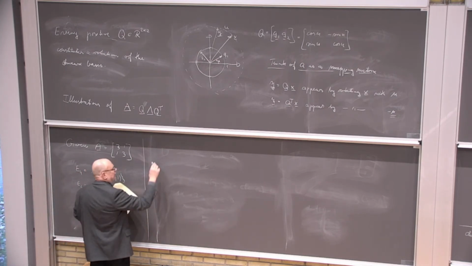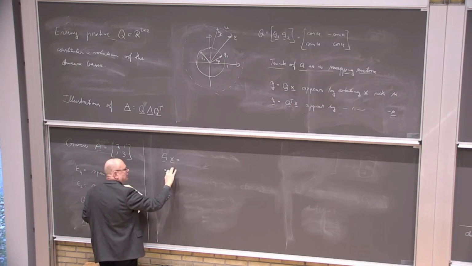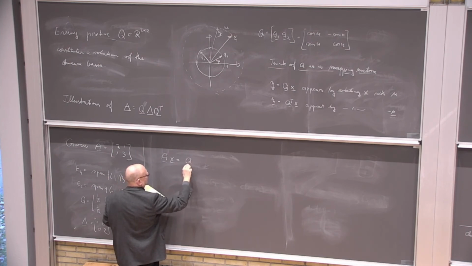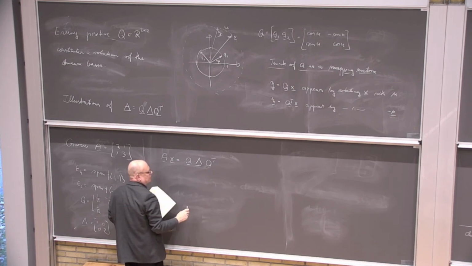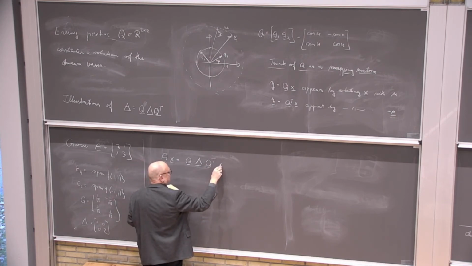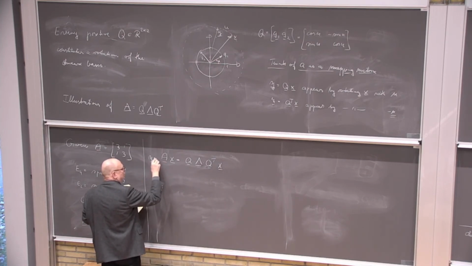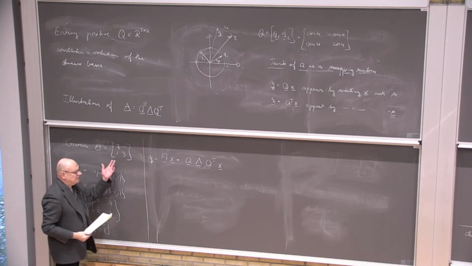Let's try to do that, because consider A to be a mapping matrix, then you have Q, and then you have your diagonal matrix, and then you have Q transpose times X. And you want to find out what is Y. So in this case, it's really simple.